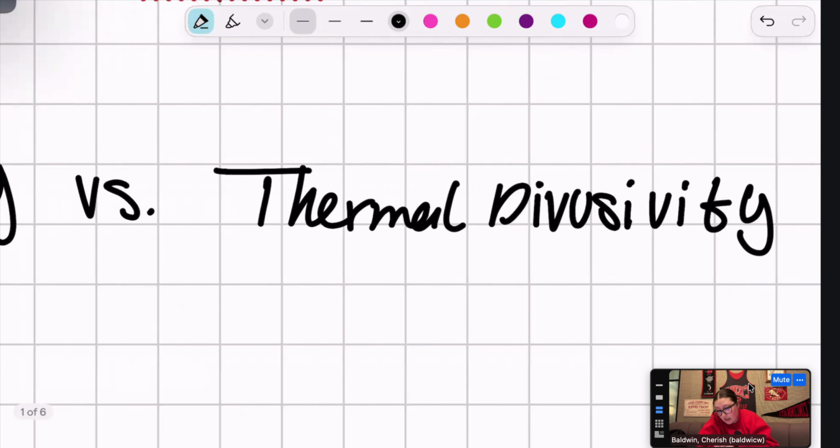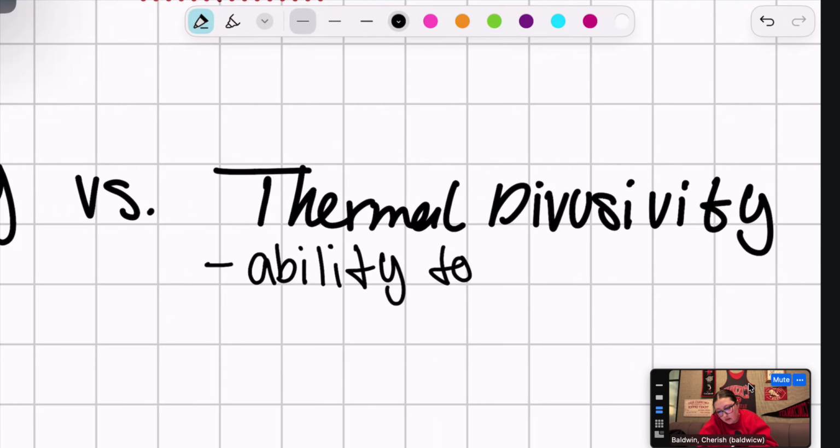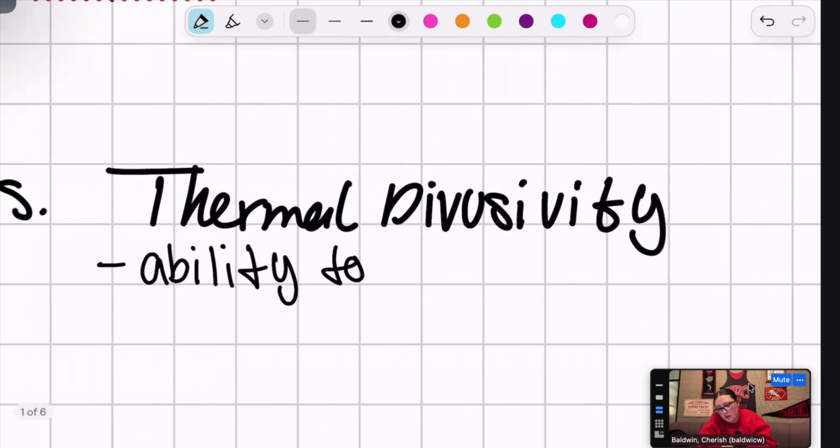And thermal diffusivity is the ability to diffuse heat, or not necessarily heat, but I guess diffuse temperature.